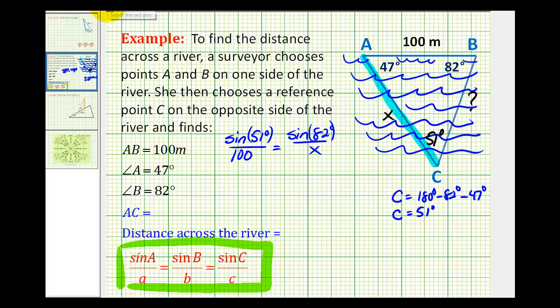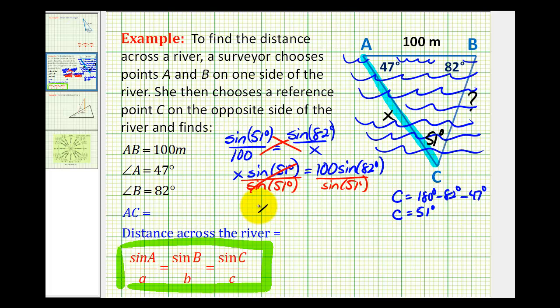Now we can cross multiply and solve for x. x times sine 51 degrees must equal 100 times sine 82 degrees. Now we can divide both sides by sine 51 degrees. So x is going to be approximately equal to this quotient here.